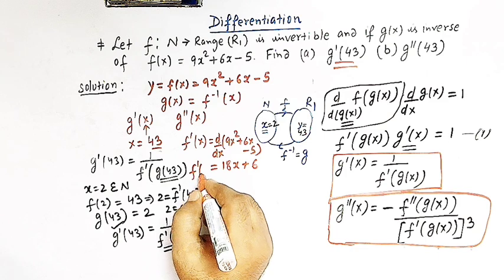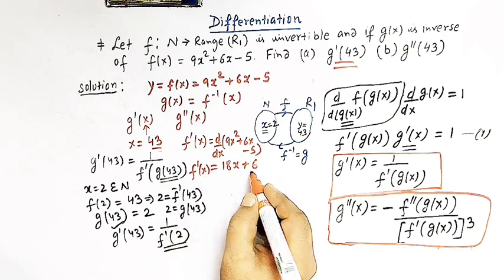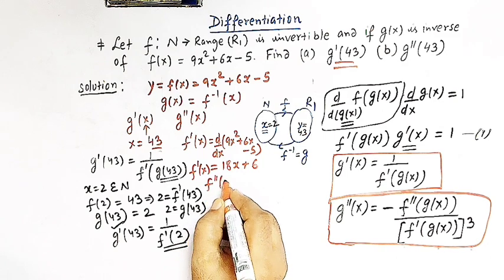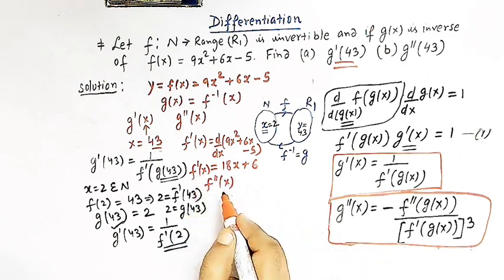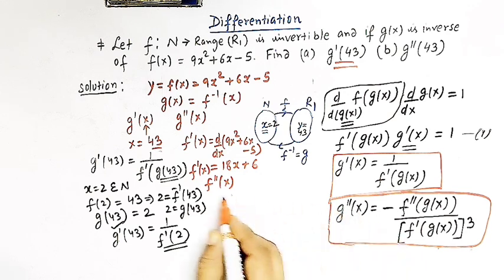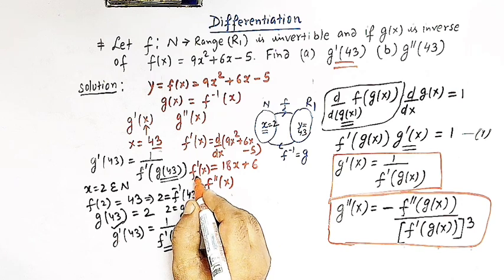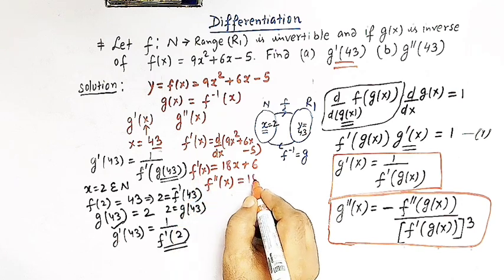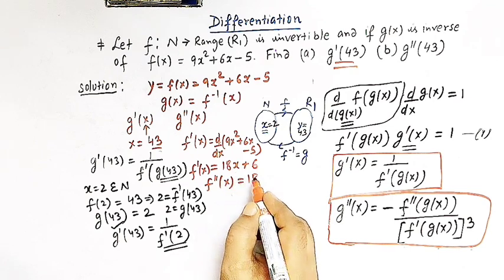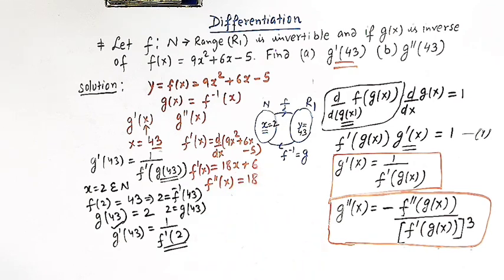So f′(x) is 18x + 6, and we can also find the second derivative, because we need the second derivative while finding the second derivative of g(x). So the second derivative of f(x) is simply 18, right? Because the derivative of x is 1 and the derivative of 6 is 0.